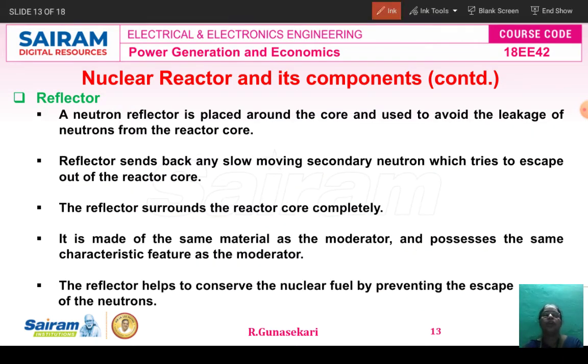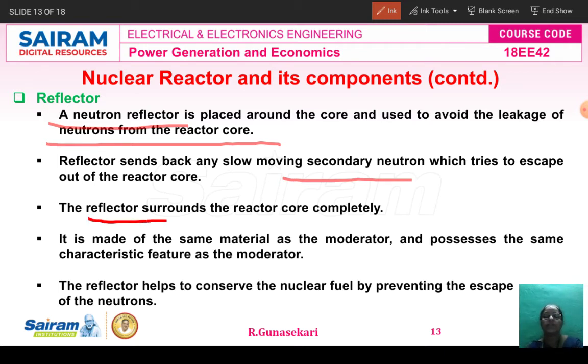The next component is the reflector. The neutron reflector is placed around the core, which is used to avoid the leakage of neutrons from the reactor core. The reflector sends back any slow moving secondary neutron which tries to escape out of the reactor core.